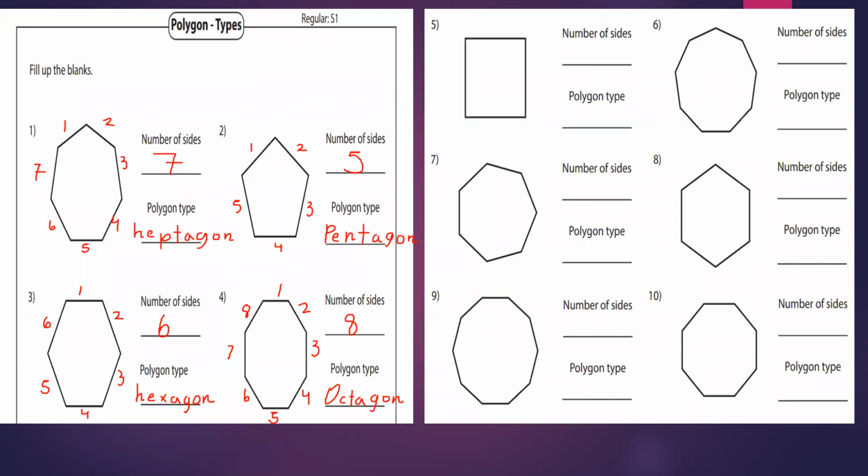So what's the number of sides? It's a square. So 1, 2, 3, 4. It's going to be 4 sides and the polygon type is quadrilateral.